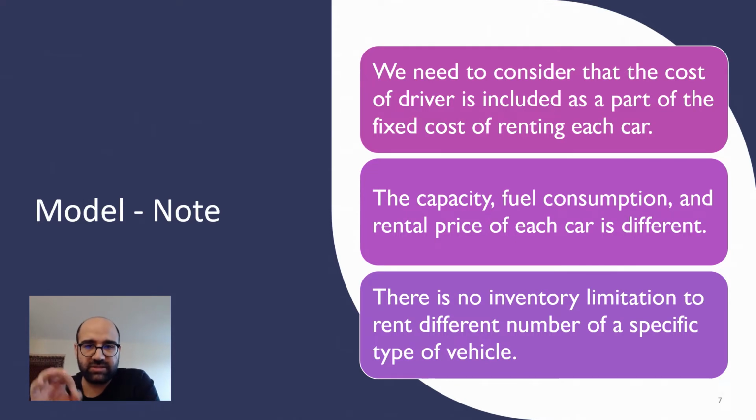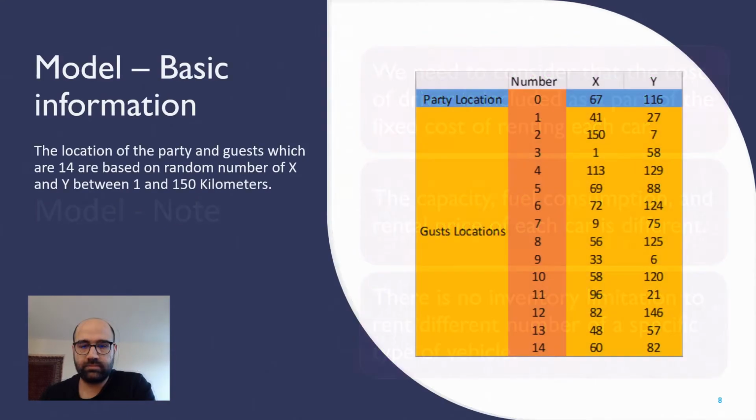I mean, just a specified car. The locations of the guests and the party are random numbers of x and y, which are between 1 and 150 based on kilometers.